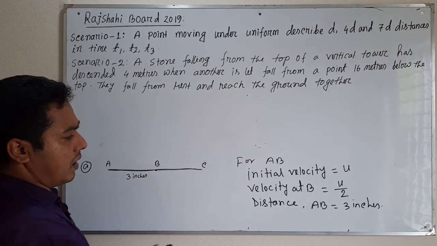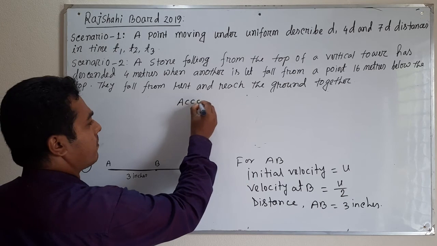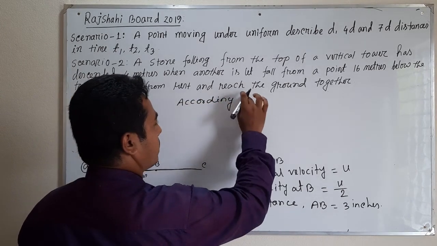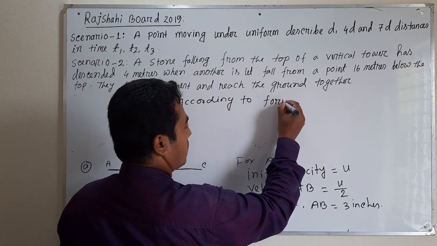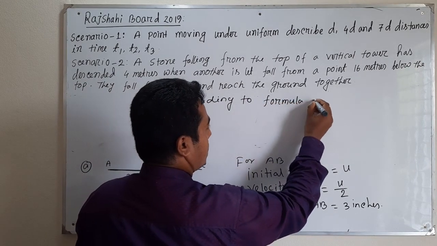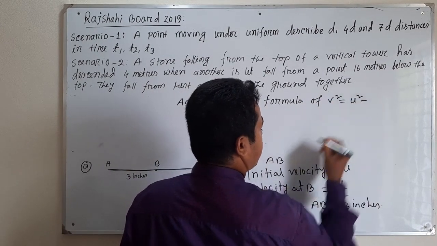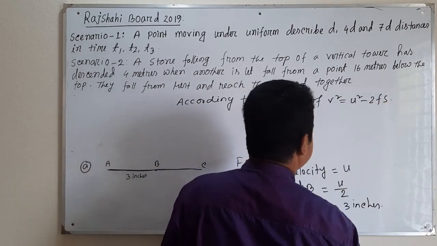According to the formula v square is equal to u square minus 2fs.